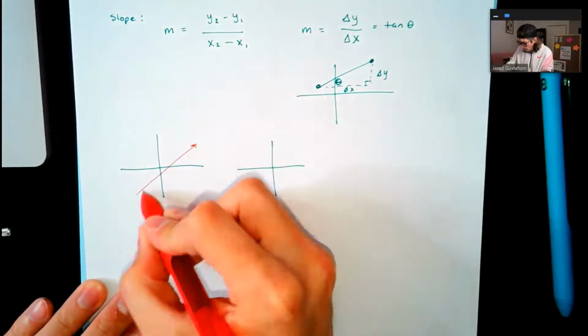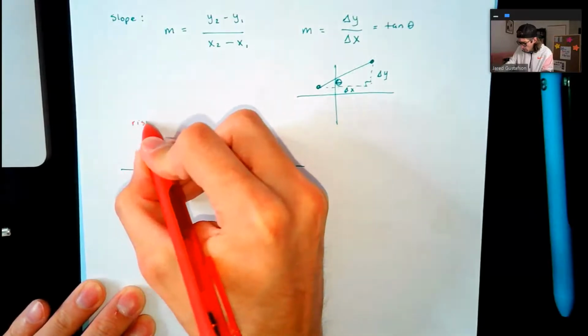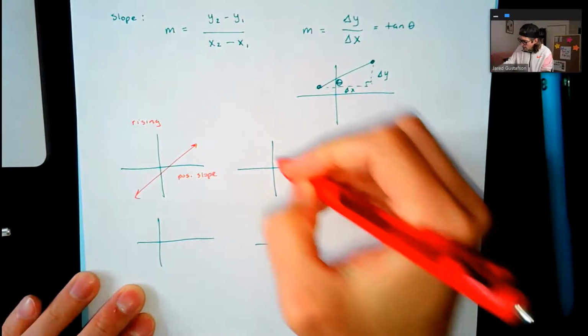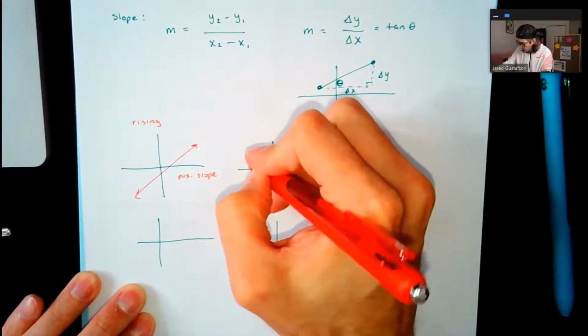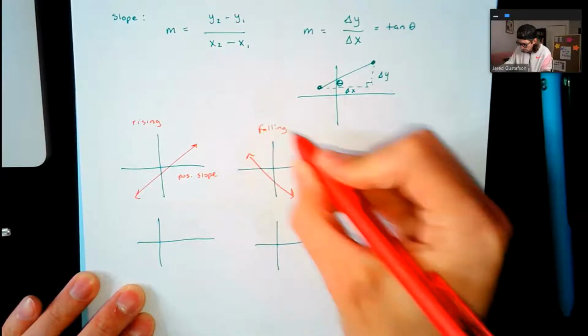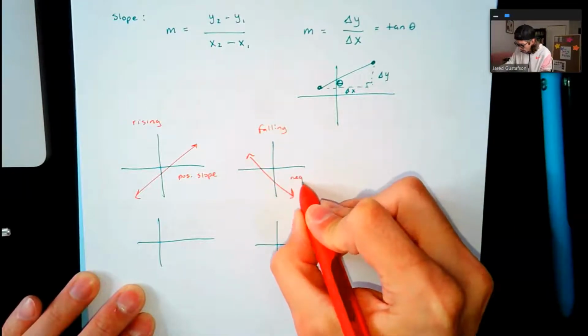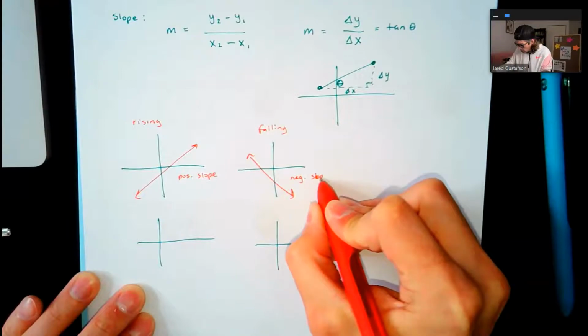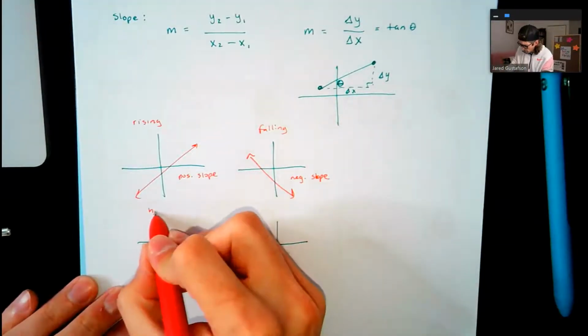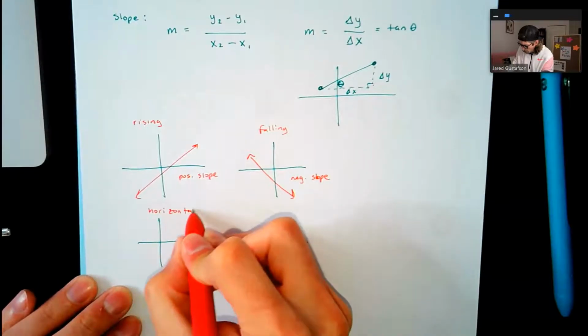A line with a positive slope is rising. A line with a negative slope we're going to call falling. So that is a negative slope. These ones people sometimes forget. Let's talk about our horizontal and our vertical lines.